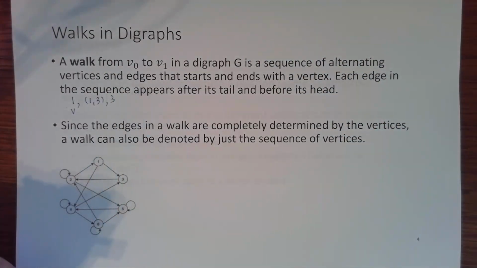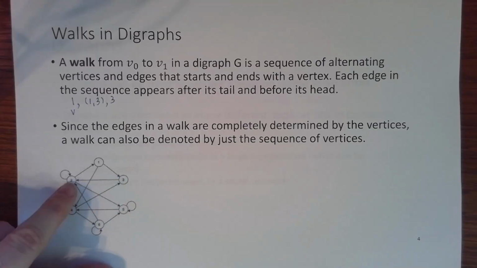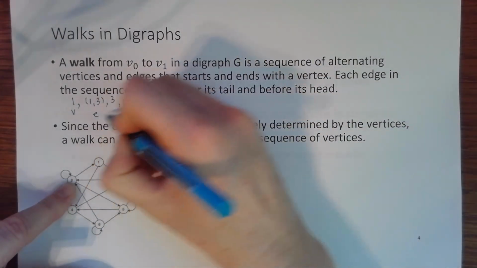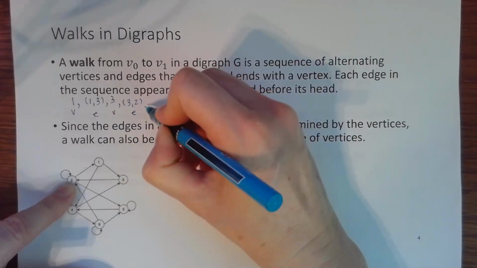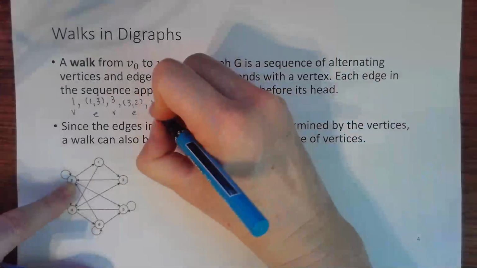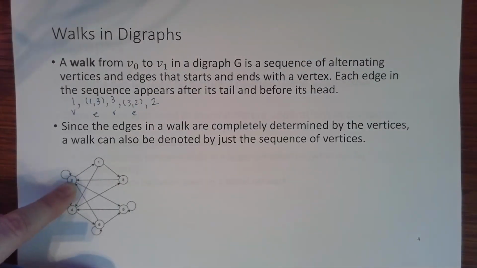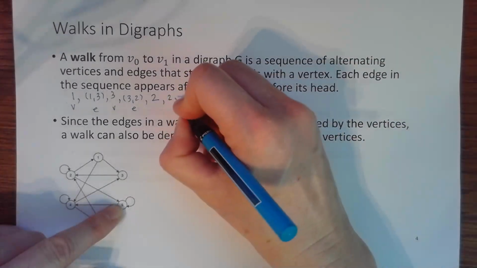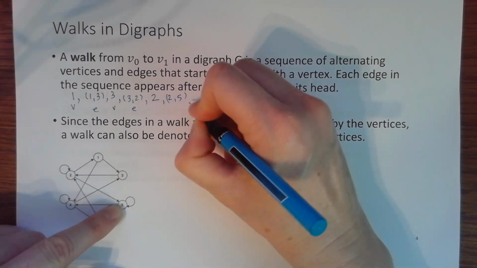And then I could go from vertex 3 to vertex 2 over edge 3, 2. So this is an edge, this is a vertex, this is an edge. Okay, now I'm at vertex 2. And then I could go over the edge 2, 5. And now I'm at vertex 5. It's a vertex.